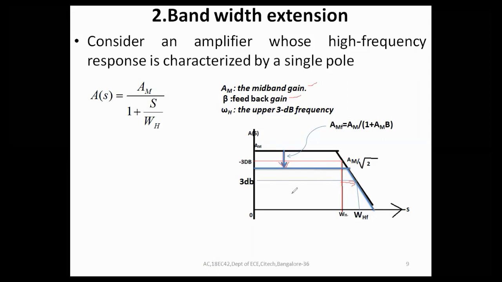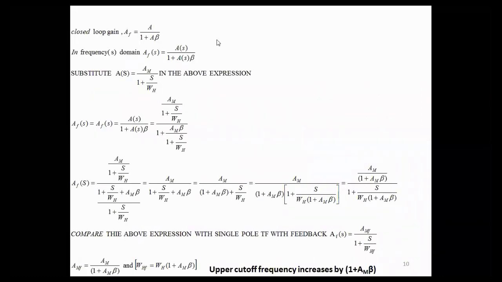For this graph, the mathematical expression of the transfer function is A of S equals mid-band gain divided by 1 plus S over the upper cutoff frequency omega H. Now the closed loop gain AF equals A divided by 1 plus A beta.